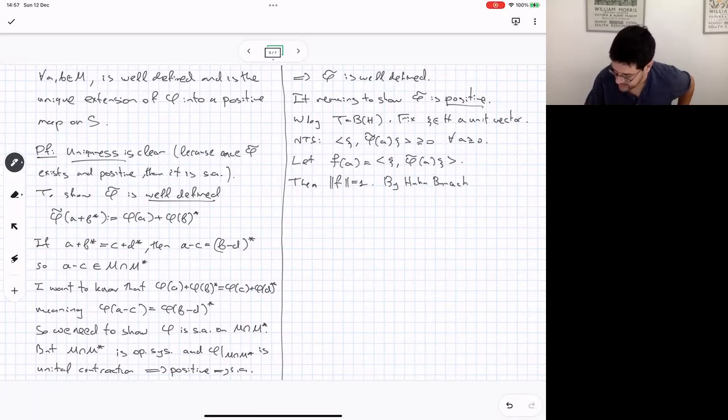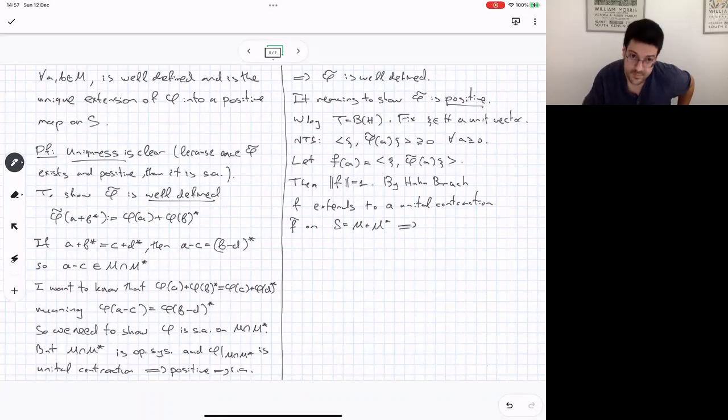Well, same trick as before. F extends to a unital contraction F twiddle on S, which is equal to M plus M star.